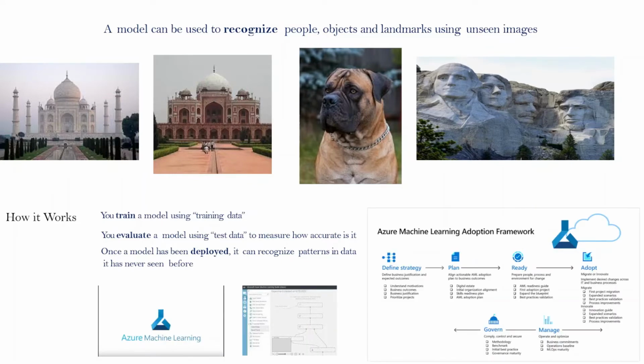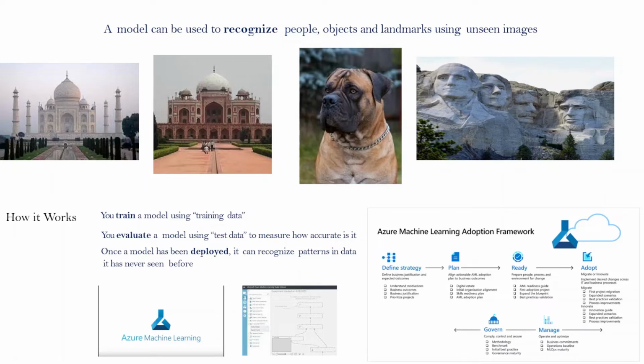Now coming to Microsoft, we have Microsoft Machine Learning. There you will have drag and drop. You need to create a complete flowchart kind of thing where you are training and evaluating your model. And in this section, we are defining how the machine learning adoption framework works. First you need to define the strategy.